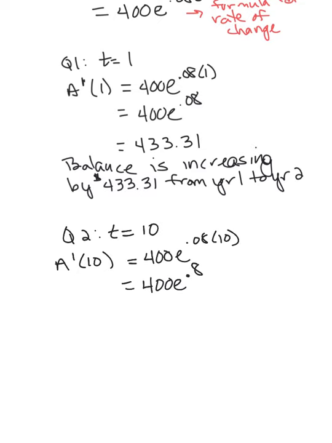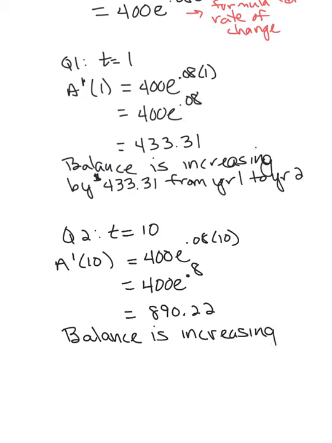If you plug that into your calculator, you get 890.22. Again, this is how the balance is changing. So the balance is increasing $890.22 from year 10 to year 11.